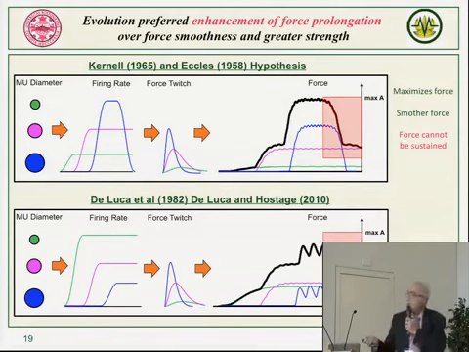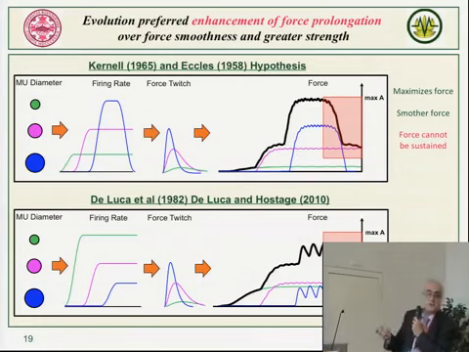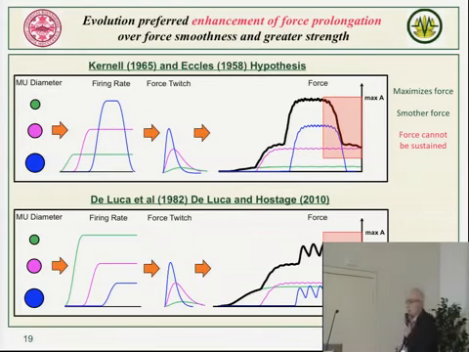So this is it. We've evolved this way. We've sacrificed smoothness and high force levels. We've decreased the maximum force that we can reach, but we don't fatigue. And that apparently must have been a critical issue along the survival path.